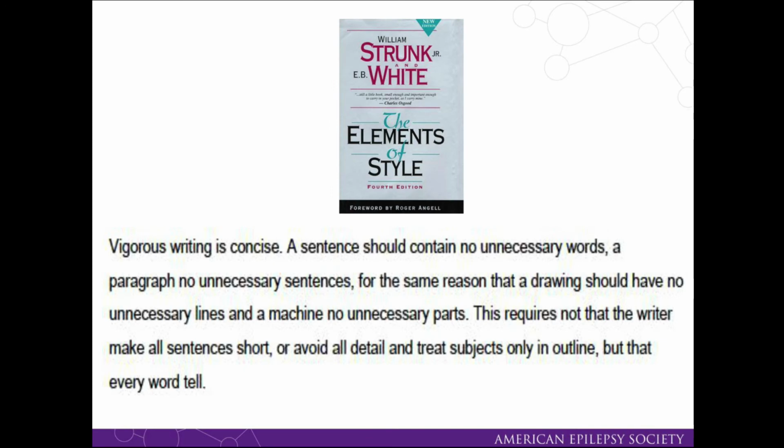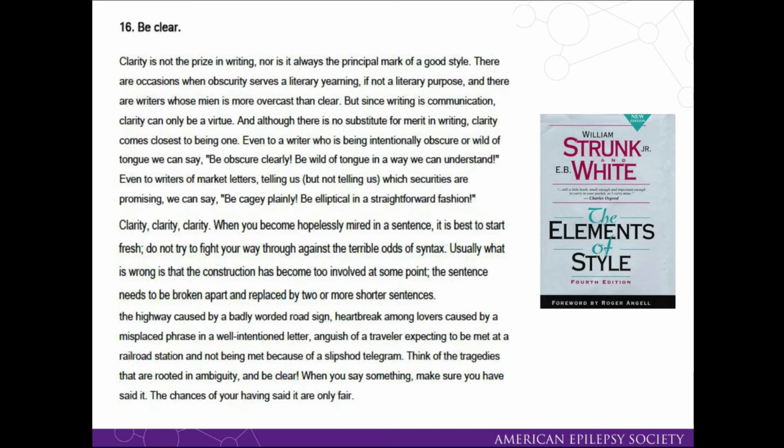Let me just read a quote because to me this is inspiring. Vigorous writing is concise, says E.B. White. A sentence should contain no unnecessary words, a paragraph no unnecessary sentences, for the same reason that a drawing should have no unnecessary lines and a machine no unnecessary parts. This requires not that the writer makes all sentences short or avoid all detail and treat subjects only in outline, but that every word tell.